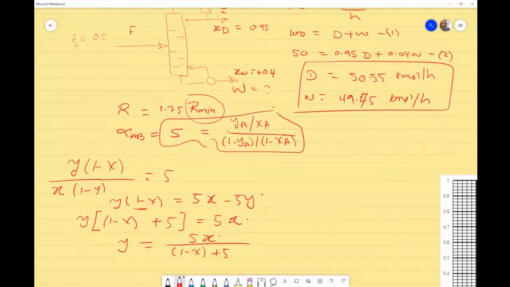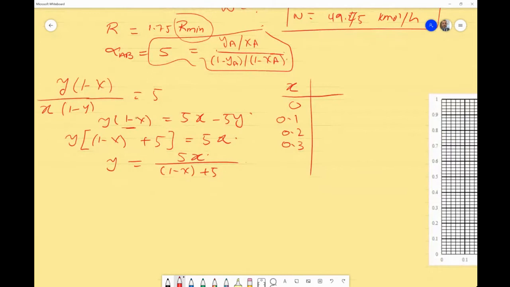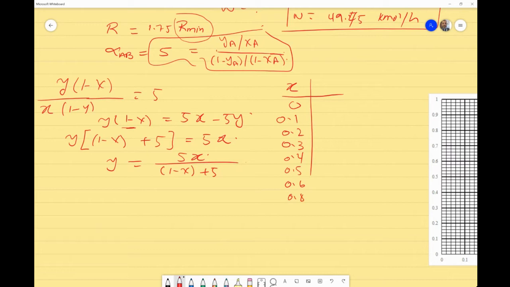This equation will be used to generate this table here, and this table is going to start from 0, for example, as it is written here, 0.1, it's up to you, 0.2, 0.3 here, and you go down 0.4, 0.5, 0.6, 0.8, 0.9, and 1.